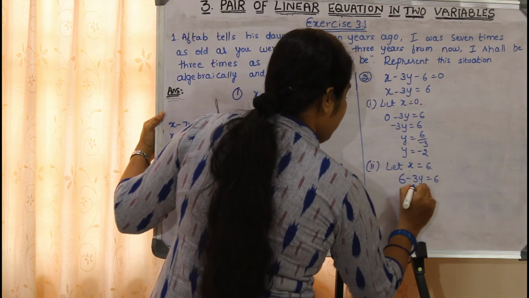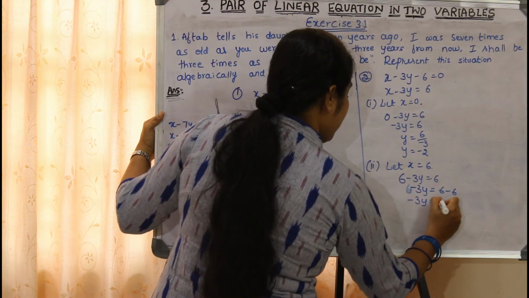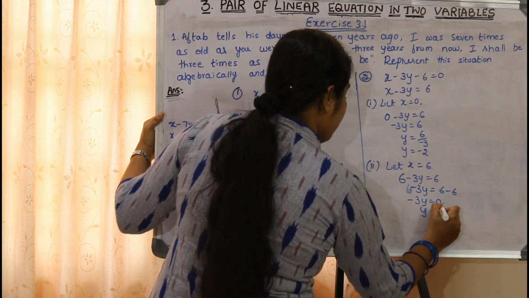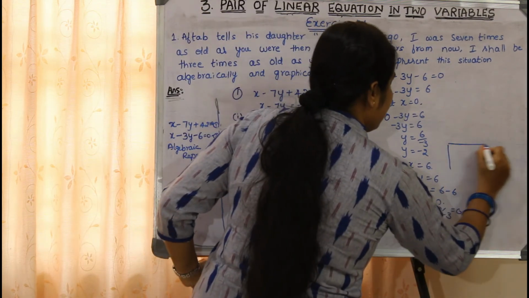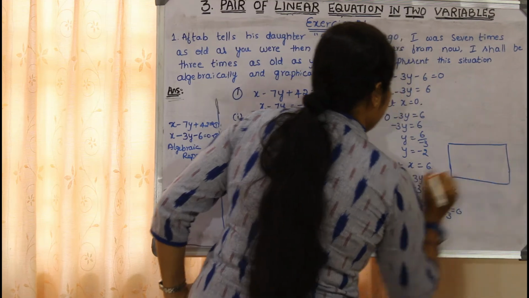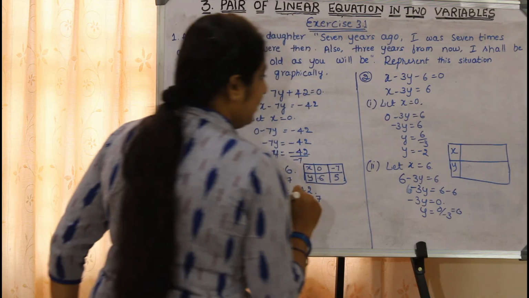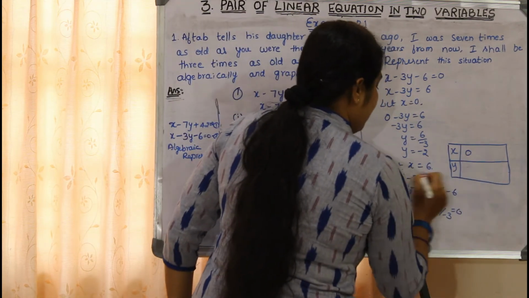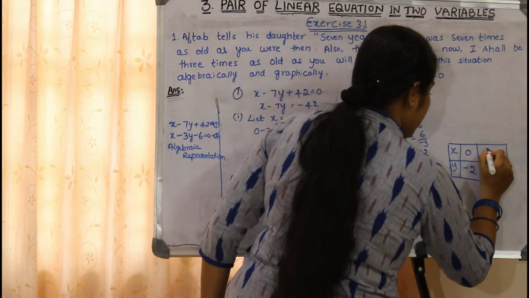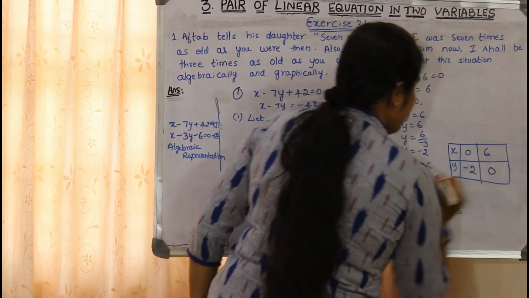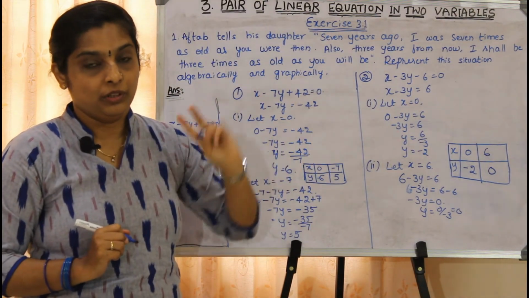So minus 3y is equal to 6 minus 6. So minus 3y is equal to 0. So y is equal to 0 by minus 3, that is 0. So if I again make it into my box for the second equation, it is x, y. So when x is equal to 0, y is minus 2, and when x is equal to 6, y is equal to 0. So now we have got the values for x and y for both the equations, two values.